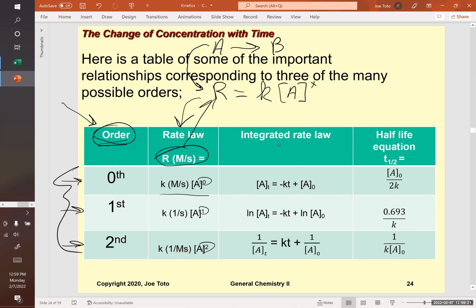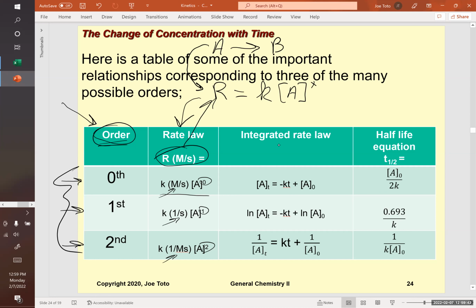Also, you see how the units of K change depending on the overall order of the rate law. We talked about that before. As usual, if you have any questions, please just go ahead and holler.